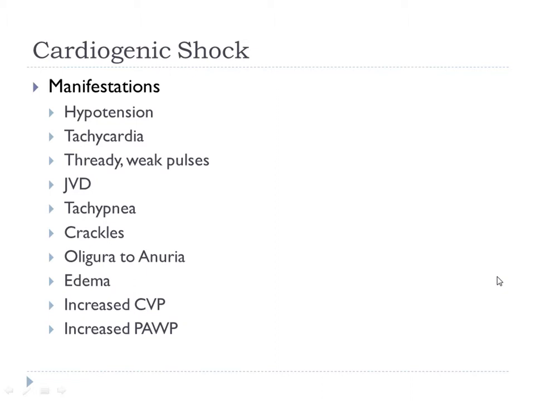Pulmonary artery wedge pressure, that's very similar. The pressure in that pulmonary artery is increased because there's congestion, right? The left ventricle is not ejecting, so it's congested. All right, so these things are key, right? JVD, edema, increased CVP, and increased pulmonary artery wedge pressure. Those are going to be different, opposite in cardiogenic shock, okay?